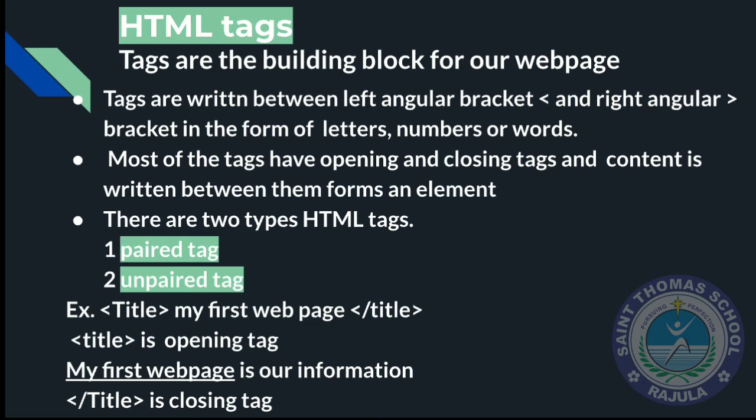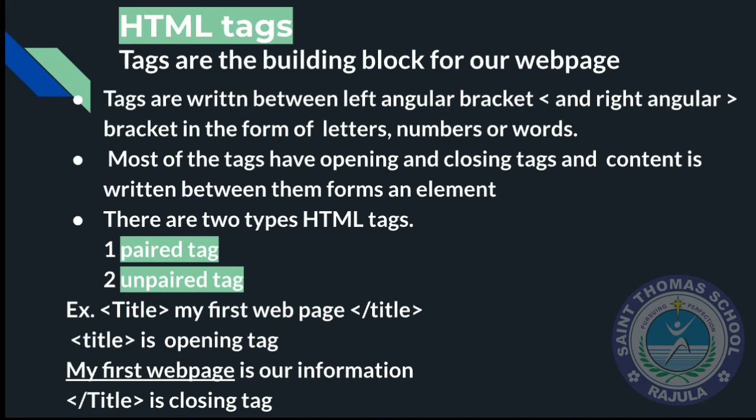Then you just observe here, again the angular brackets are there, but after the left angular bracket a forward slash sign is there. Can you see that? Yes. So this is the forward slash sign, and this is known as the ending angular bracket.